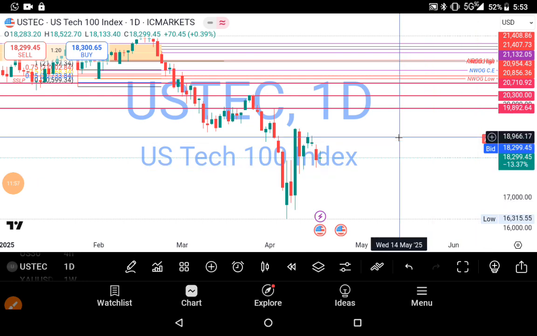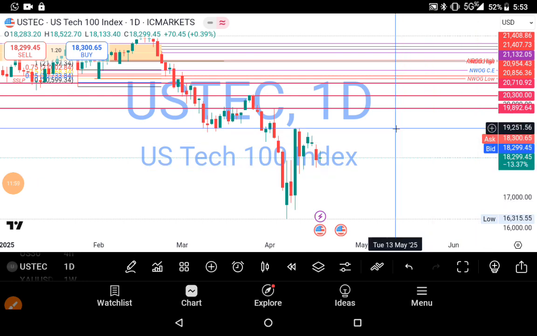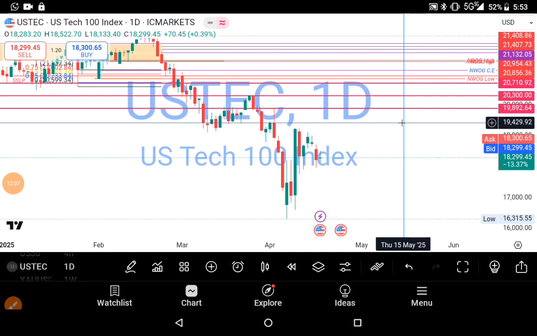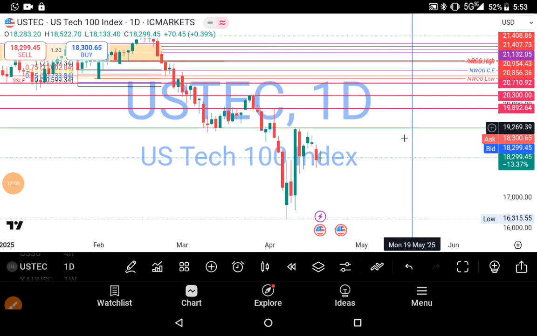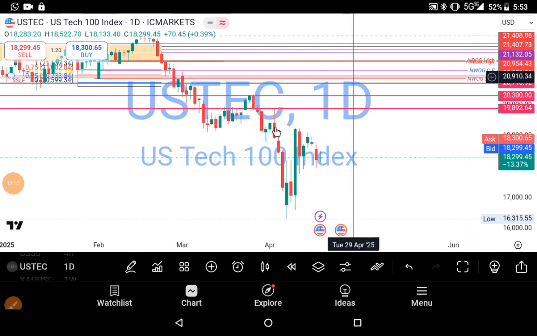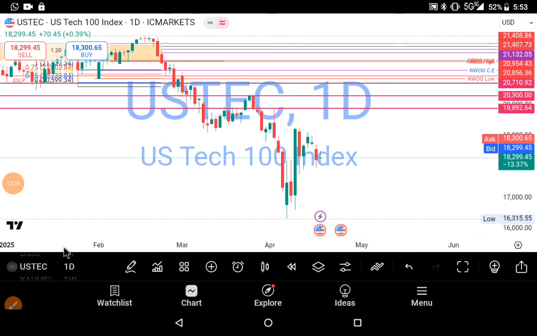So 19,500 and 20,000 is what I have in mind. That means I'll be expecting the market price to still visit 19,500 and then 20,000. So if anything could change, I'll know how to go about it.